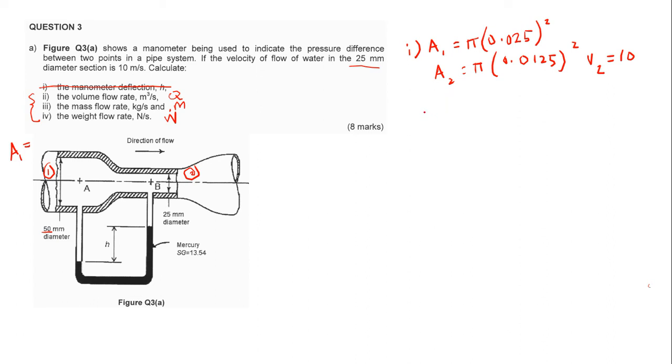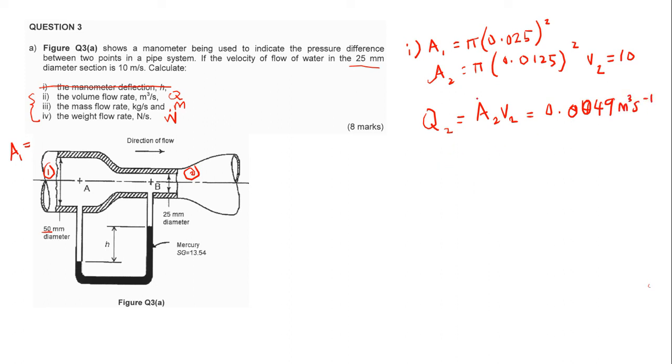Now how do you find Q? Just find Q2 because you already have A2 and V2, so just multiply A2 times V2. So what's the answer? Pi times 0.0125 squared times 10 gives 0.0049 meter cube per second.